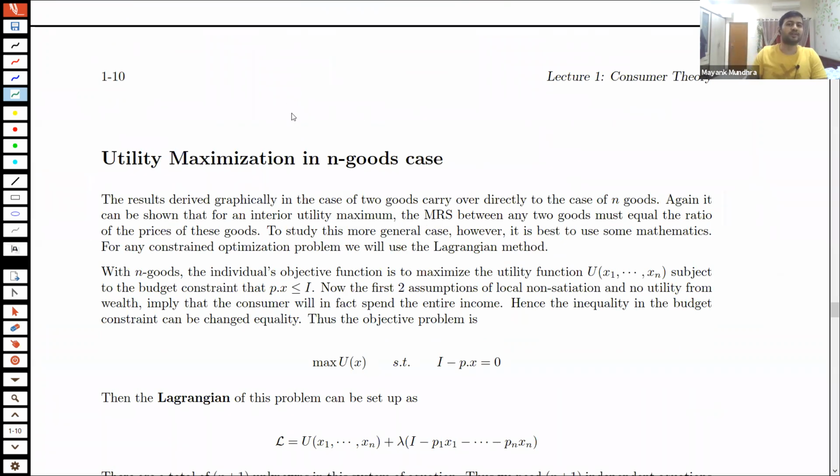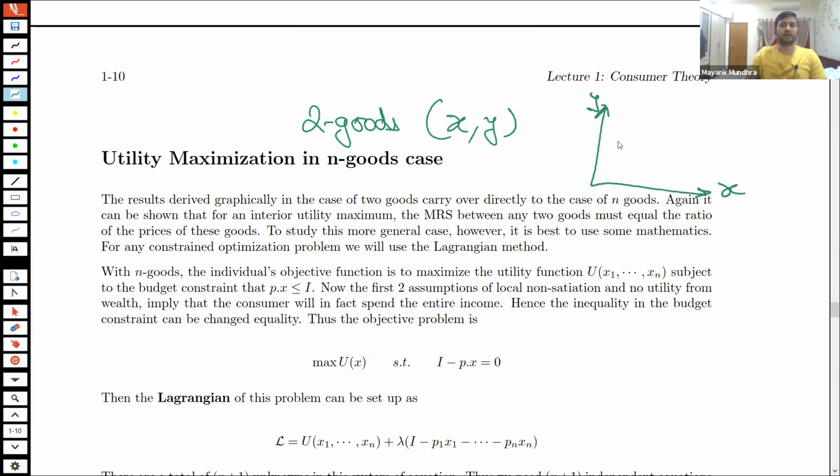Till now, what we did is we tried to find the utility maximization in the 2 goods case, just 2 goods X and Y. We said that this is good X, this is good Y, this is the budget line, so find the tangency point. Everything is very easy in the 2 goods case, but what if we have more than 2 goods? What happens in this case?